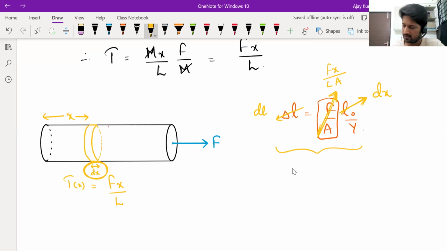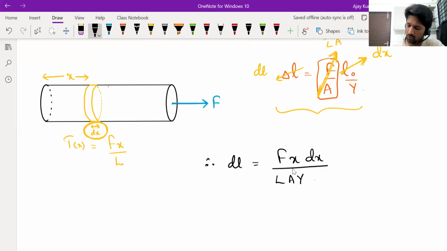I'll call it dl. Therefore, elongation in that small element becomes Fx dx divided by L A Y. And if you want total elongation in the wire, you'll have to integrate the elongation in every element.